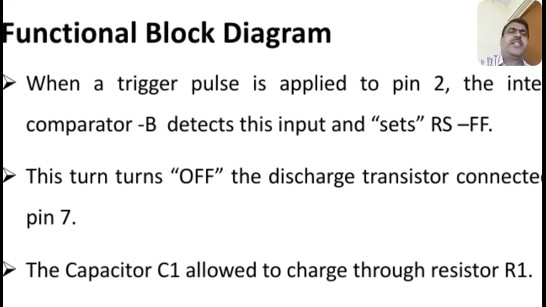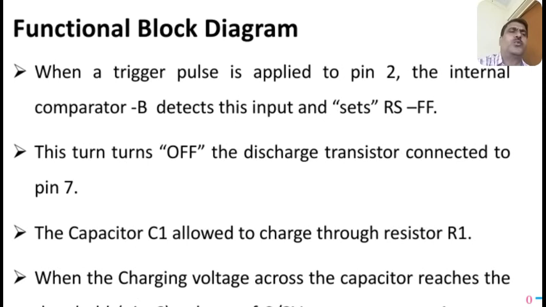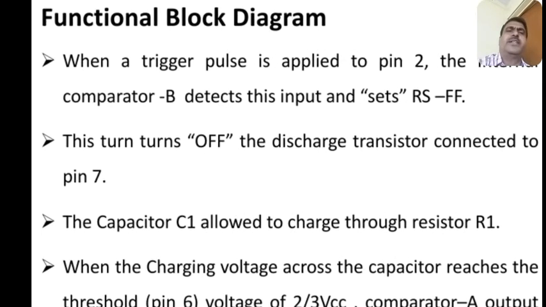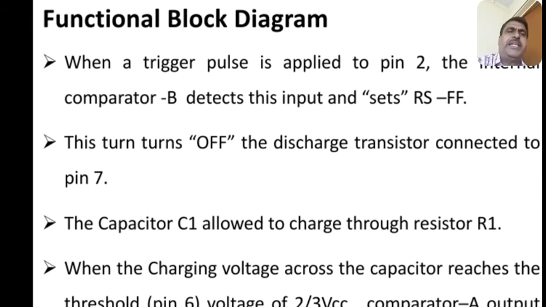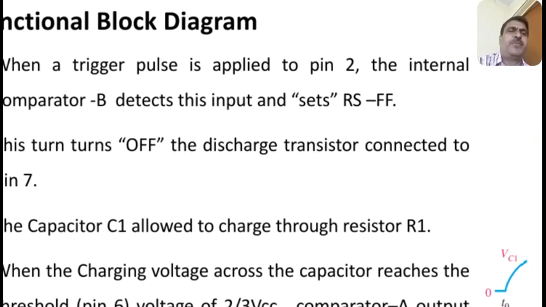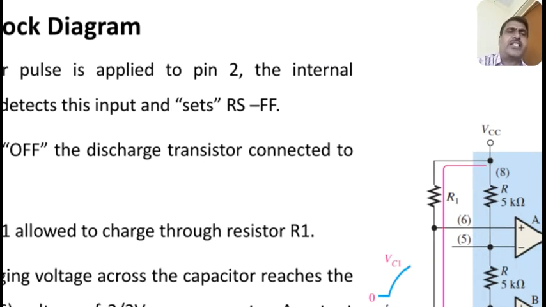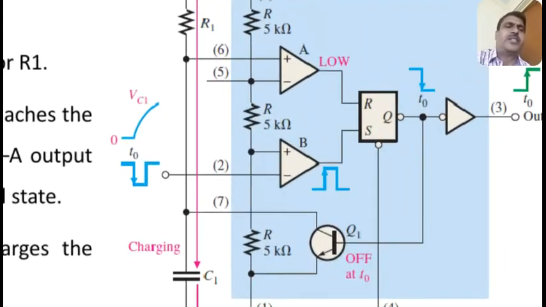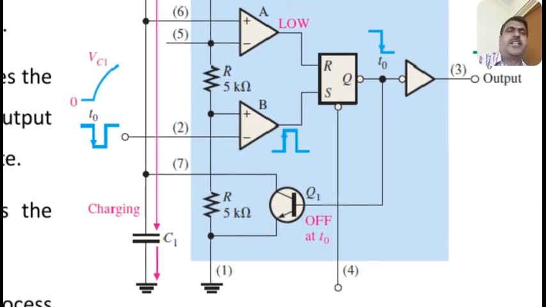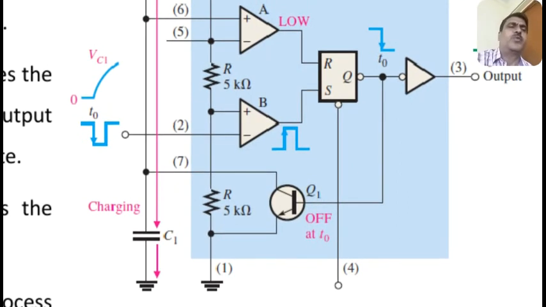When a trigger pulse is applied to pin number 2, the internal comparator B detects this input and sets the RS flip-flop. Okay, so as you can see, when the trigger input is given, the set input goes high, so its output is set to 1, so Q bar will be 0.